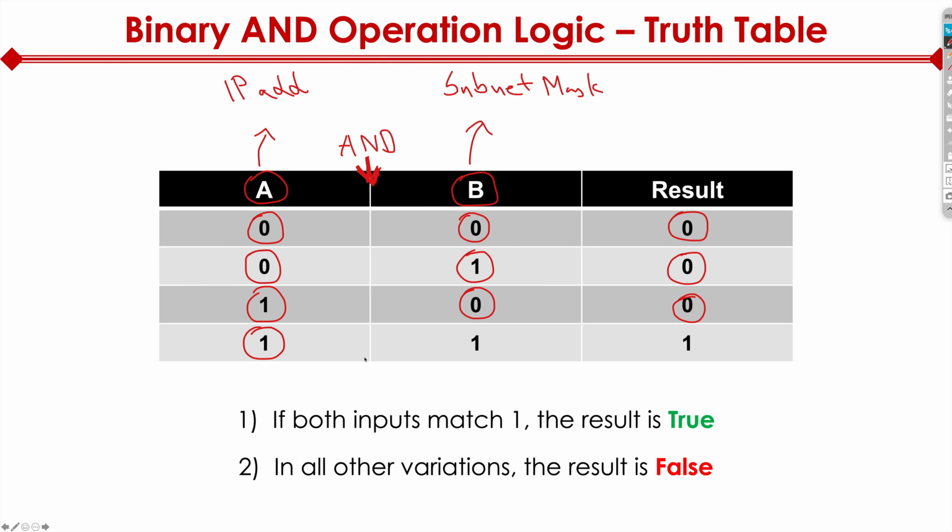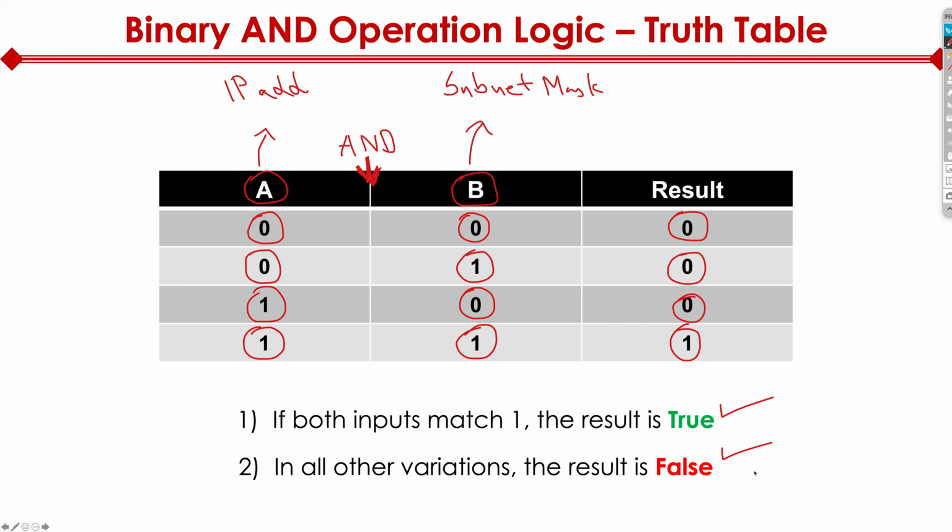If the IP address is 1 and the subnet mask is also 1, then the result is 1. So if you look at the two bullets at the bottom here, if both inputs match 1, the result is true and the value is 1. In all other variations, the result is false.